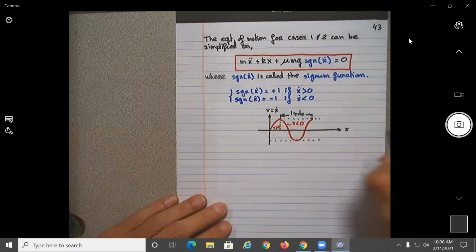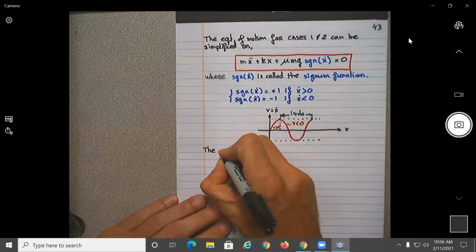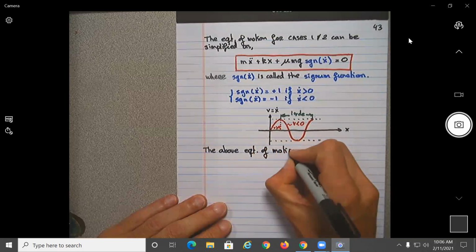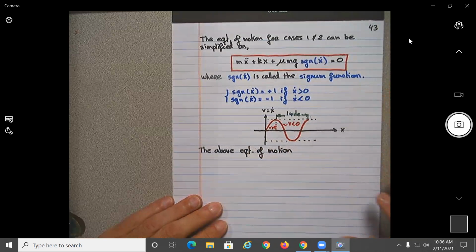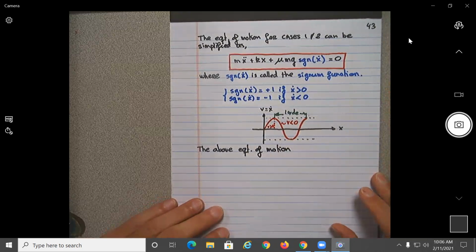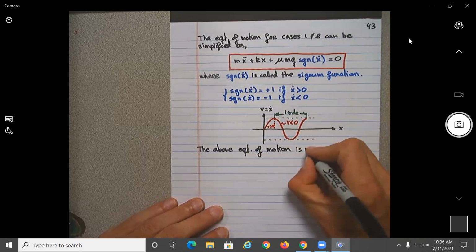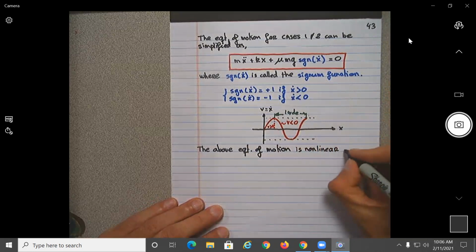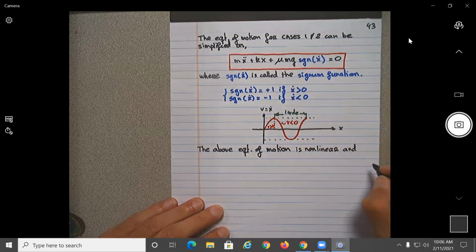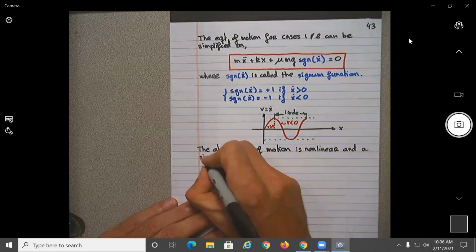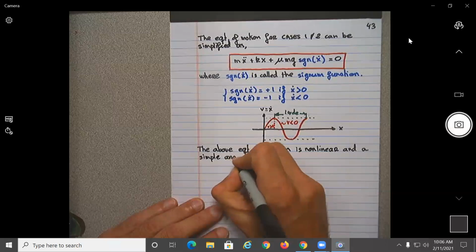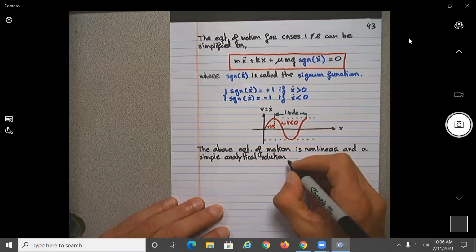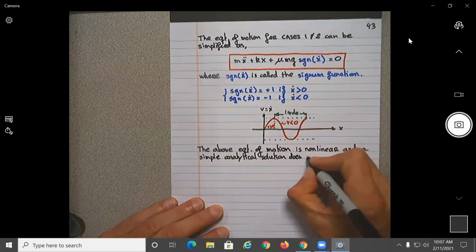All right, so the above equation of motion, this equation over here, is nonlinear and a simple analytical solution does not exist.